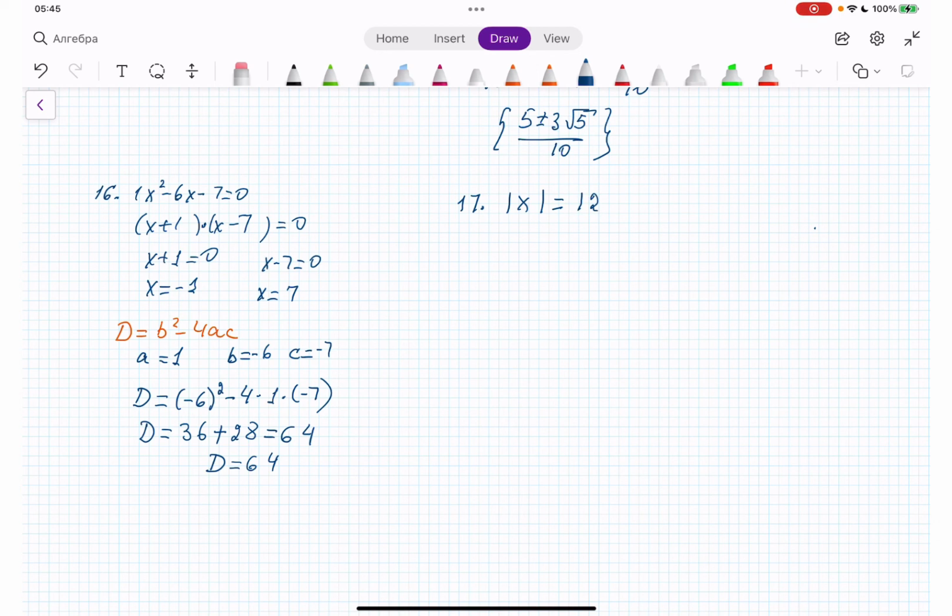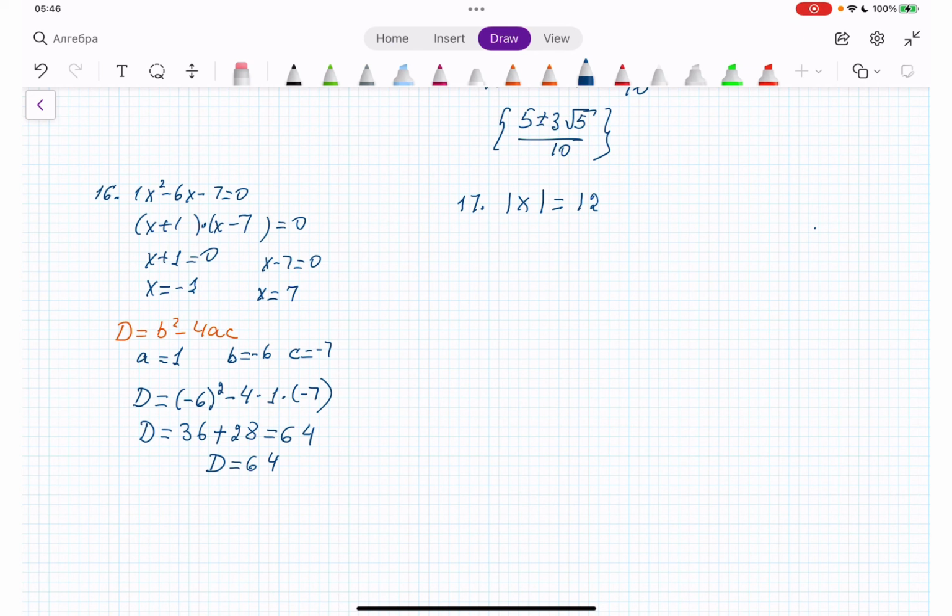Okay, so what is absolute value? Absolute value is a distance, nothing else. The absolute value itself is always going to be positive. Because we have positive, therefore we put in absolute value.